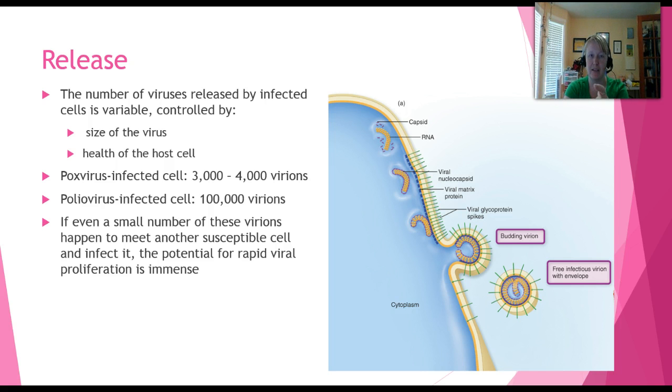We then have synthesis, where the DNA and the proteins are made. We have assembly, where the genetic information, DNA or RNA, and the proteins are brought together to assemble. And then we have release, which is where, in this specific case, an enveloped virus will receive its envelope and leave to go and infect other cells. So make sure you really have a good handle on those.